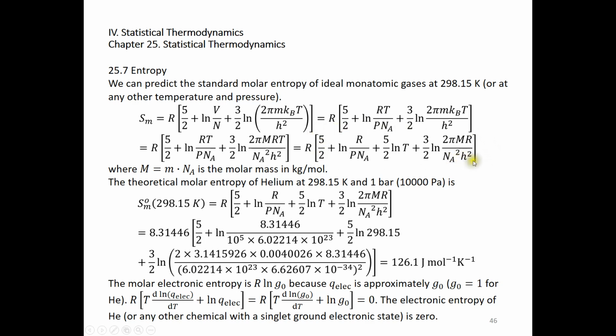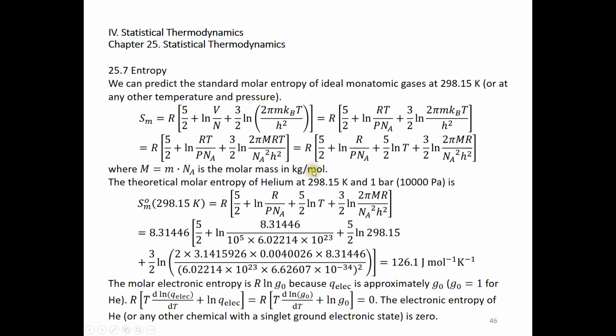If you look at this equation, you can see the molar entropy depends on pressure and temperature. When we have higher temperature, higher molar entropy; higher pressure, lower molar entropy. Again, this uppercase M is the molar mass, but it has to be in kilogram per mole. If you try to do numerical calculations, it's easier to just use SI units.